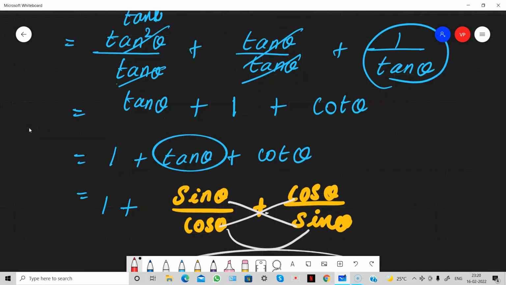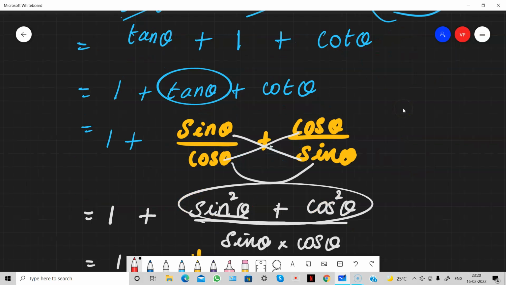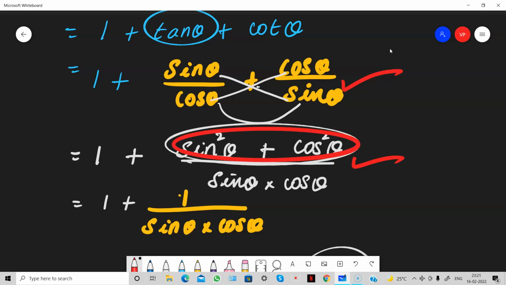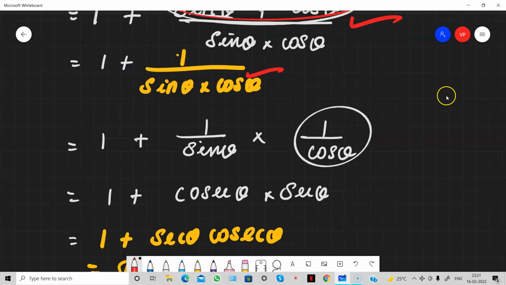Okay? So, 1 plus tan and 1 plus cot. See, for tan theta, you are writing sine by cos. For cot theta, you are writing cos by sine. And again, you are taking cross multiplication. You get this one. And from this identity, we get positive 1. Right? We are splitting and we get the answer. Right? So, such a simple one.